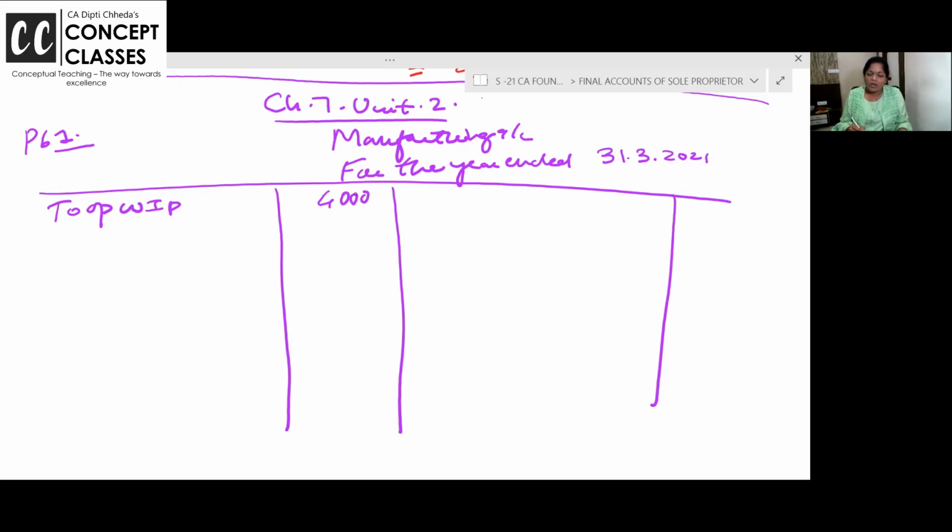So that is your closing raw material. तो raw material के लिए पहले opening तो चाहिए, they have not given. तो इसको भी pending रखते हैं 1 minute. They must have given raw material opening. Yeah, it's given 74,000. So after opening work in progress, we will write raw material opening, 74,000.